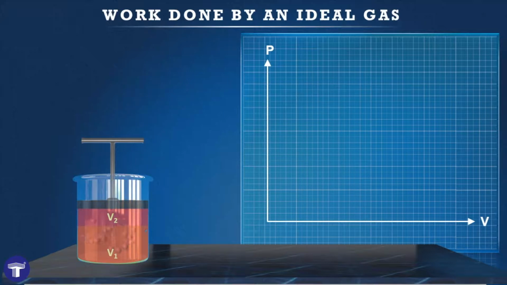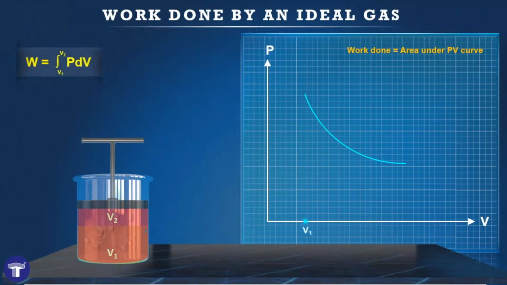So in this case, that is the expansion of this gas, we would get a curve that looks something like this, and then to find the work done, you simply find the area under the curve, which is nothing but the integration of P dV, going from the initial volume V1 to the final volume V2, and this is the area that the curve and the x-axis have trapped between them. So this gives you the work done by an ideal gas.